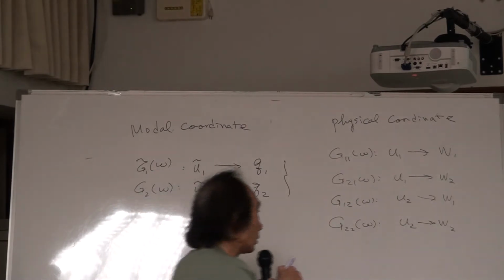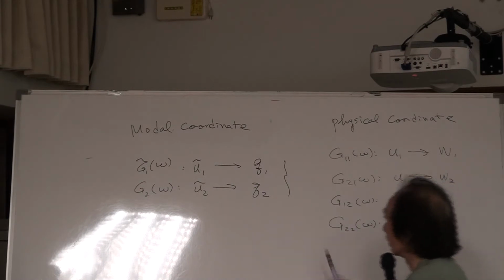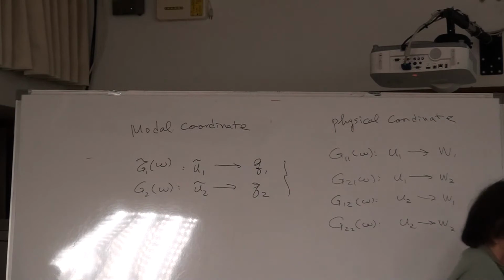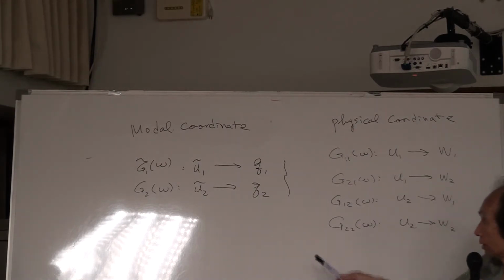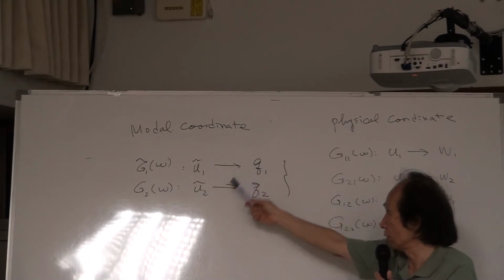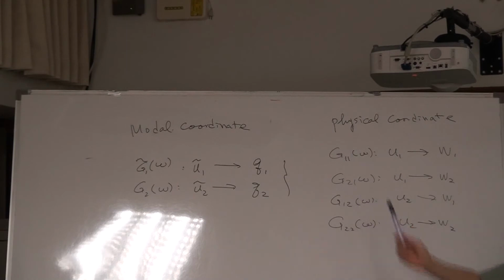So in the physical coordinate, we have G11, G21, G12, G22. In the motor coordinate, we have G1 tilt and G2 tilt. The inputs are U1 tilt and U2 tilt. U1 tilt is U1 plus U2. U2 tilt is U1 minus U2, right? So that's the differences.